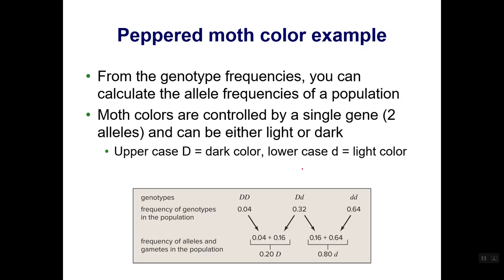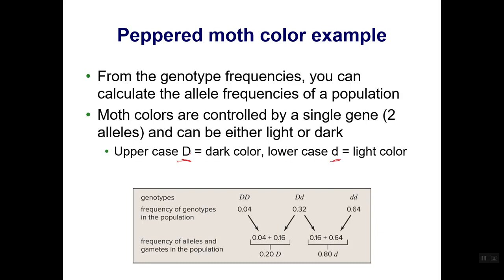Moth colors. They are controlled by a single gene, meaning it is monogenic and therefore only 2 alleles are possible. As a result, the moths can be either light peppered moths or really dark moths. In this scenario, we're going to use the big D to represent the dark color and the lowercase d to represent the light color.